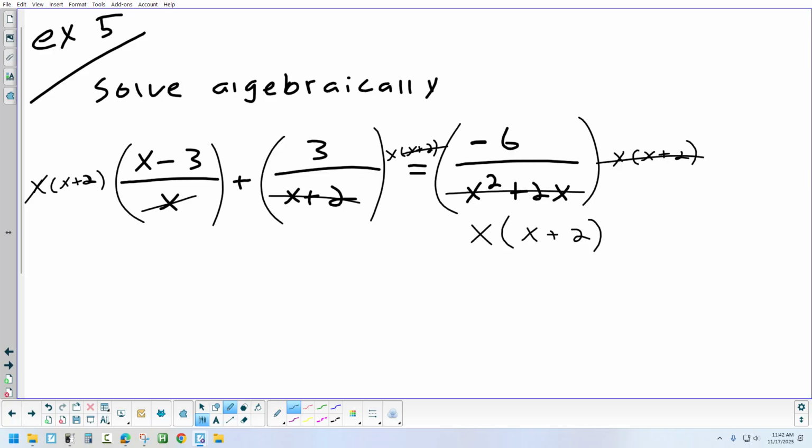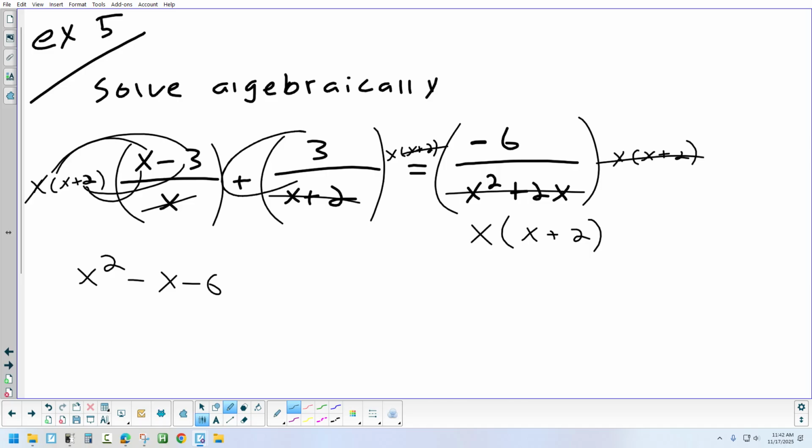Okay, so remember, you are left with distributive here, so you need to FOIL that out. X squared minus 3x plus 2x minus x, and then 2 times negative 3 gives us negative 6.